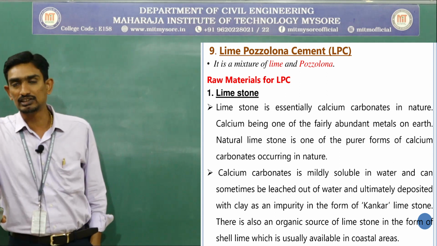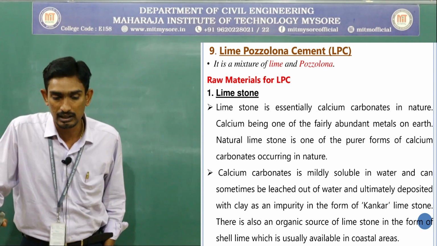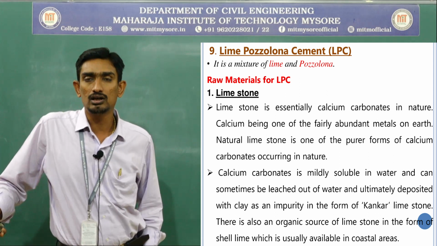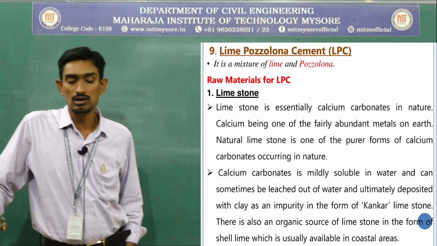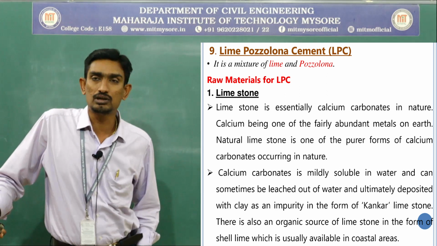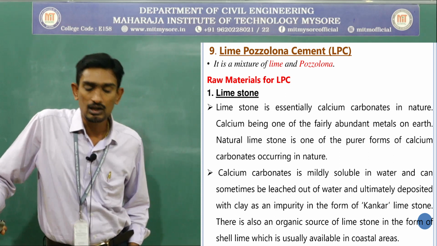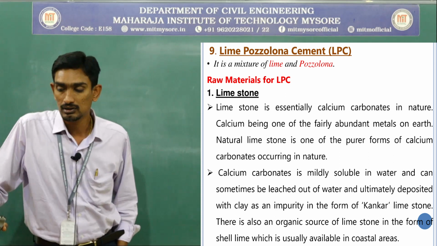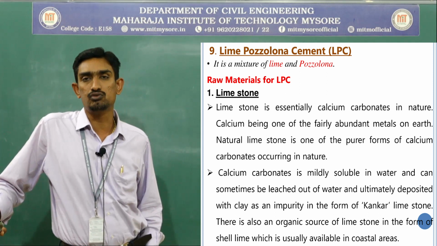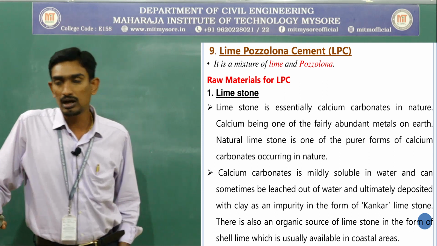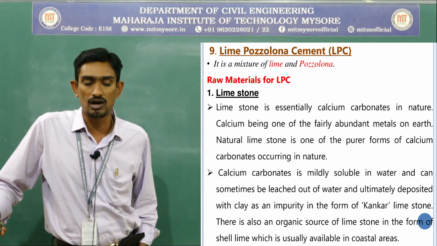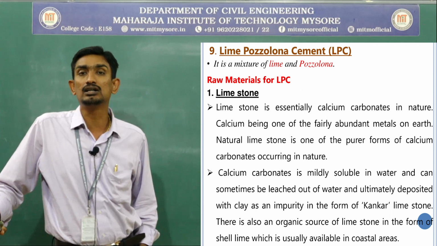Calcium is a predominant metal on the earth, so hence we can obtain limestone, that is calcium carbonate, predominantly. This calcium carbonate is mildly soluble in water, and sometimes it can be leached out of water and ultimately be deposited as an impurity in terms of clay or in the form of kankar.